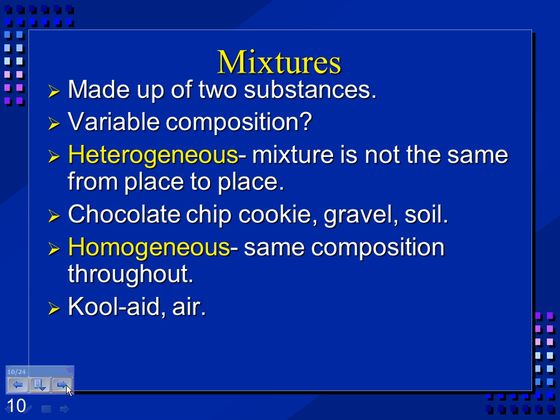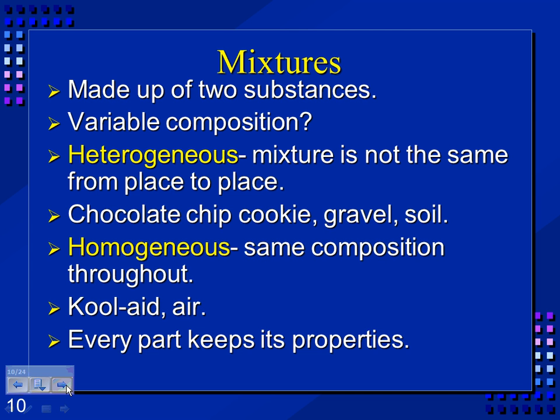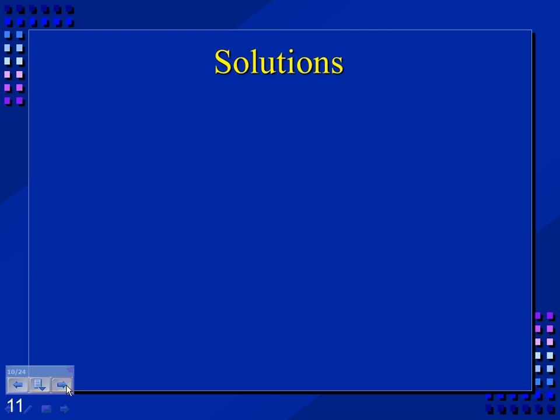A key part about a mixture is that whatever is in it keeps its properties. So if I look at Kool-Aid, I know that it is a homogeneous mixture, and in this case, when something's dissolved in another substance, we call it a solution.